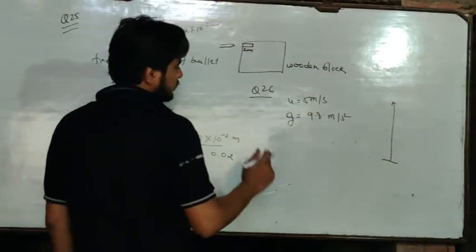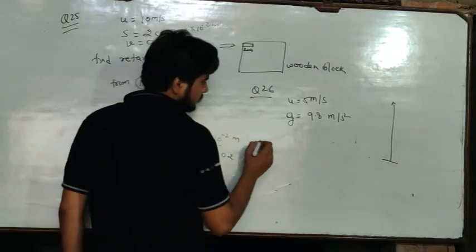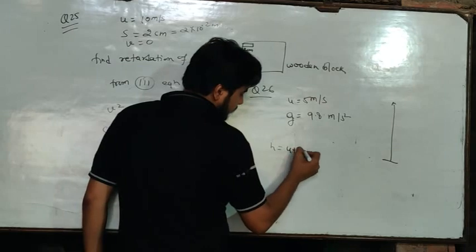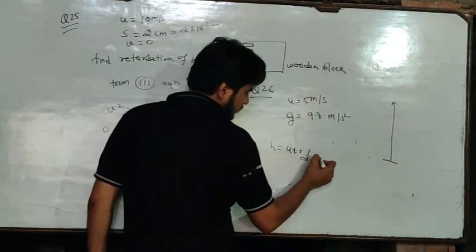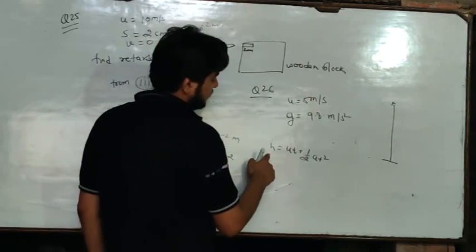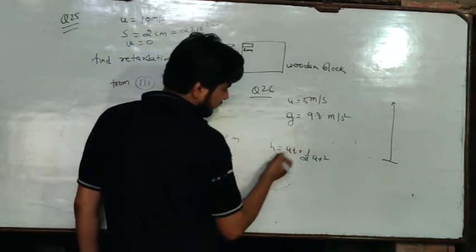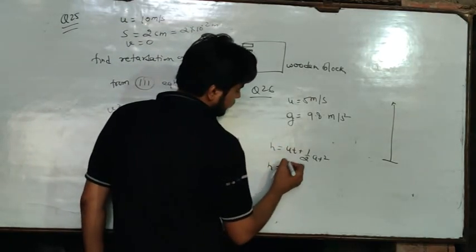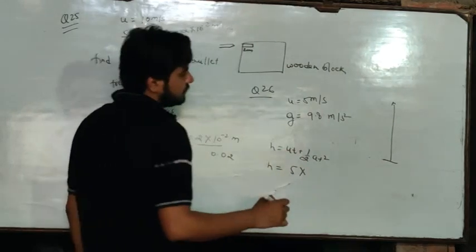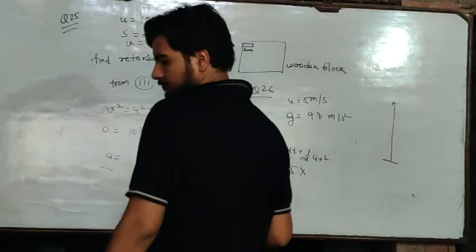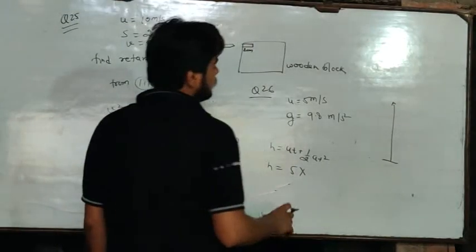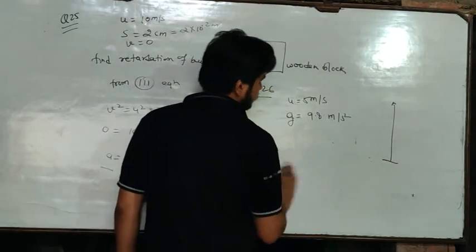Above the earth. So we will use h is equal to ut plus half at square. We have to find the value of h. But in this equation we don't have t, so we don't use this equation.